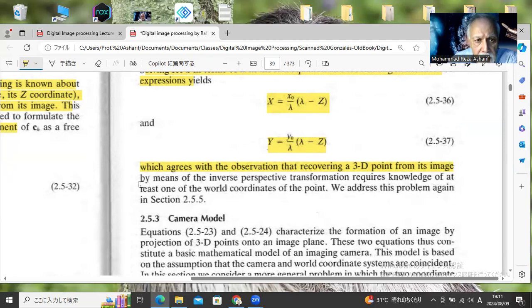I will tell you more. This inverse perspective transformation requires knowledge of at least one world coordinate.